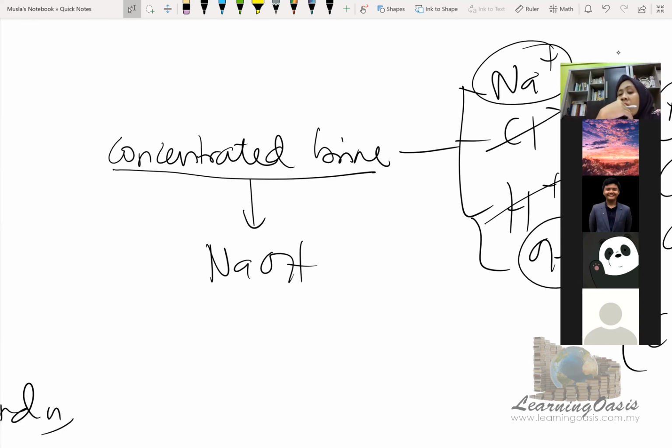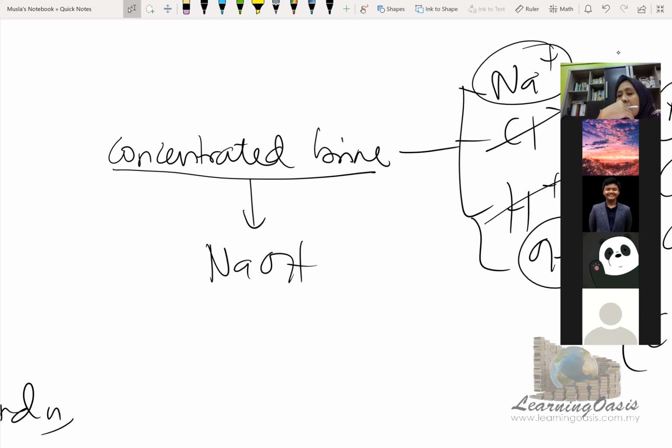Okay, and at the anode, what choice do you have? Chloride and also hydroxide. Which one will be chosen? Hydroxide. This is concentrated. What? Oh, yeah. Chloride ion will be discharged, undergoes oxidation, so it will give yellowish gas. What is the name for that yellowish gas?